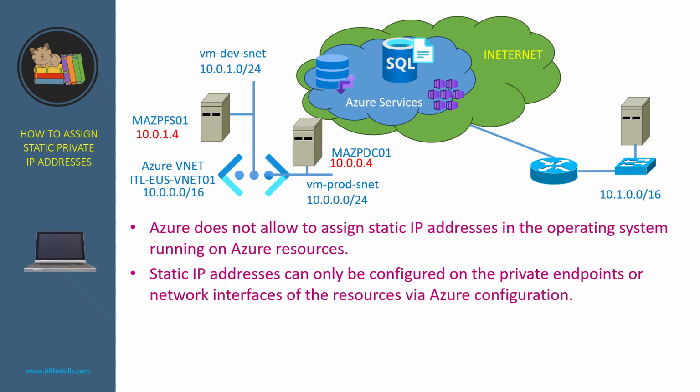For example, if we want to assign a static IP address to this VM running the Windows operating system, we should not log into the Windows operating system running on this VM and configure the static IP address. Instead, we have to log into the Azure portal, find the network interface connected to the VM, and assign the static IP address to the network interface.